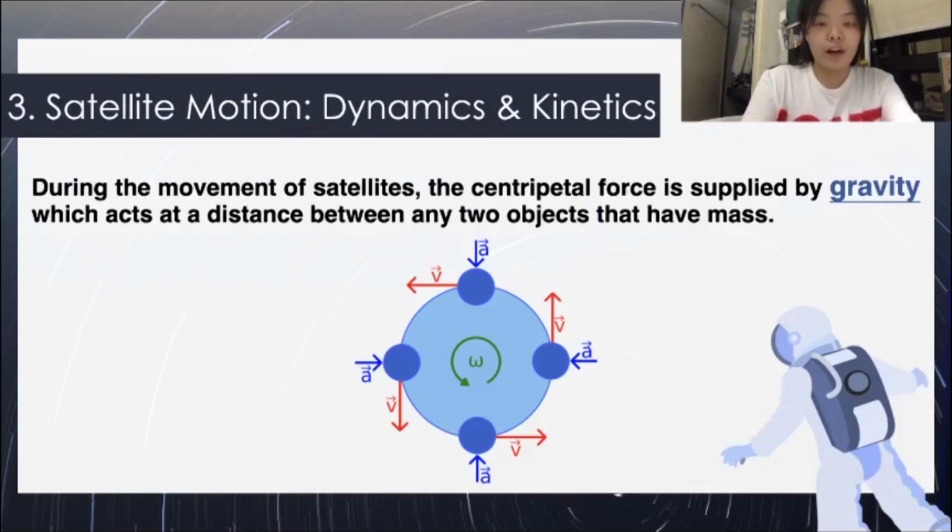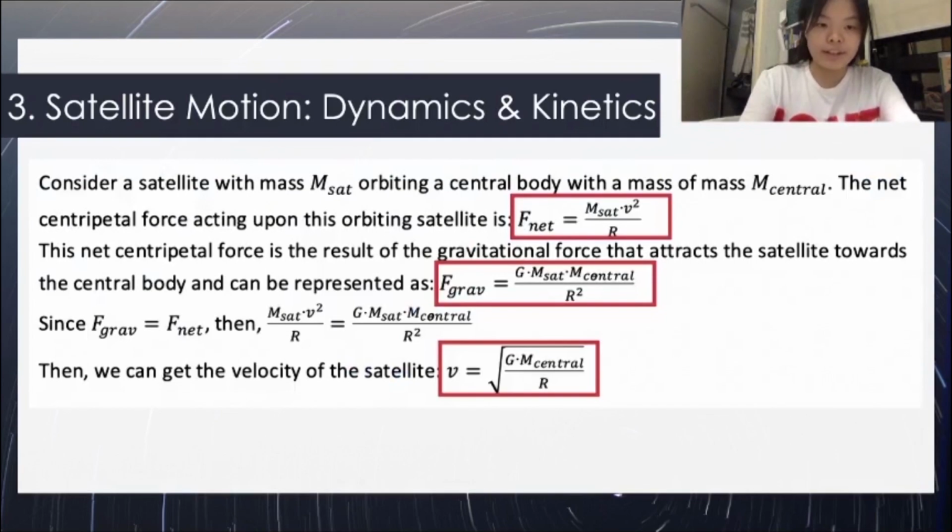After understanding the circular motion, we can now use this model to study the satellite. During the movement of the satellite, the centripetal force is supplied by gravity, which acts at a distance between any two objects that have mass. The picture here shows the acceleration directed towards the axis of rotation, and the velocity tangential to the orbit. We can consider a satellite with mass m_satellite orbiting a central body with mass m_central.